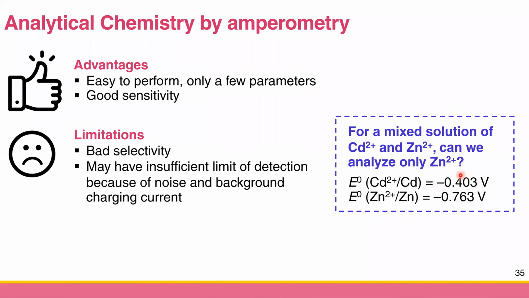However, if we want to analyze only zinc, can we really do it? In order to reduce zinc ion, we have to apply something lower than minus 0.7, right? Let's say like minus 0.9. But this number is also lower than the standard potential of cadmium. It means that you cannot reduce only zinc ion.